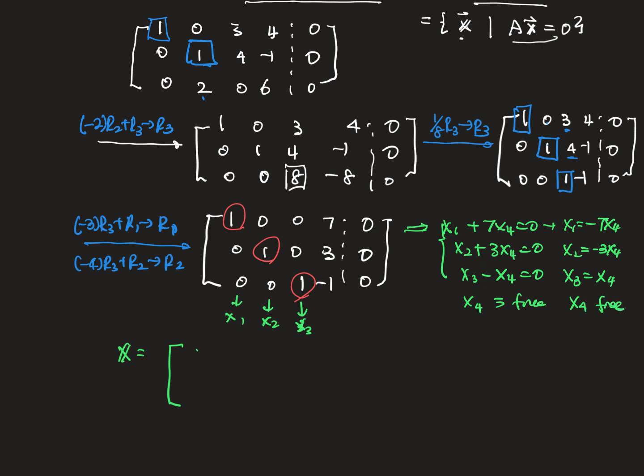So you have negative 7x4, negative 3x4, x4, x4. You take out x4, so negative 7, negative 3, 1, and 1. x4 is any real number.